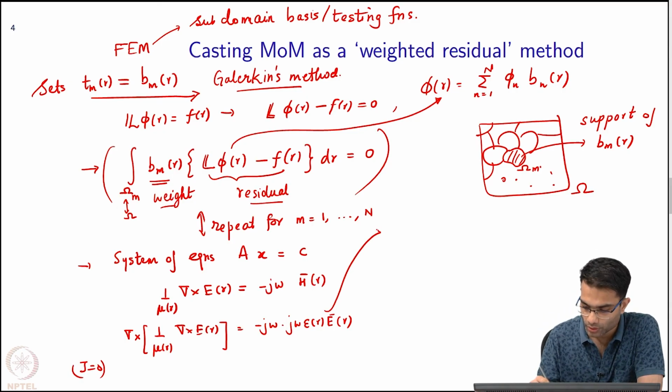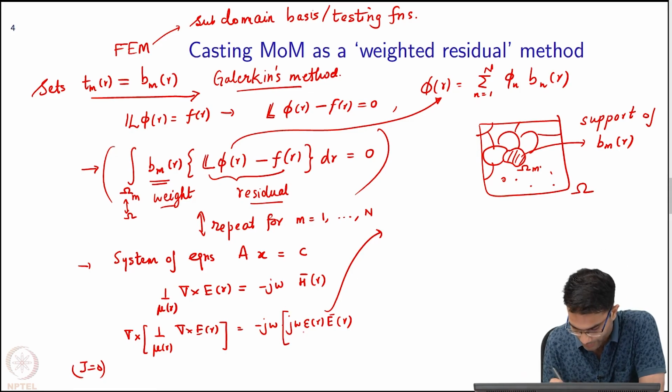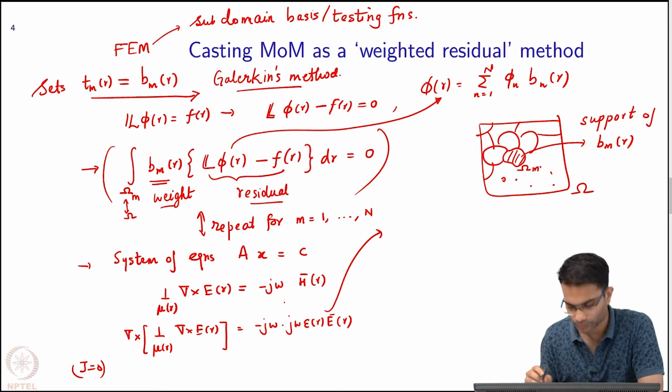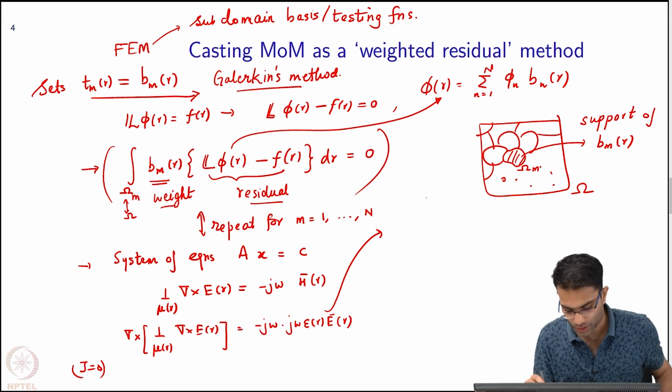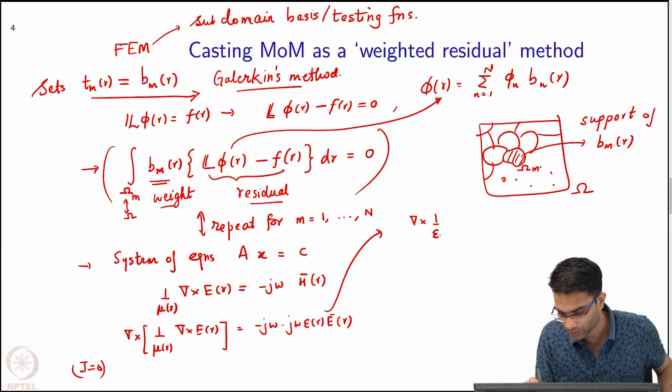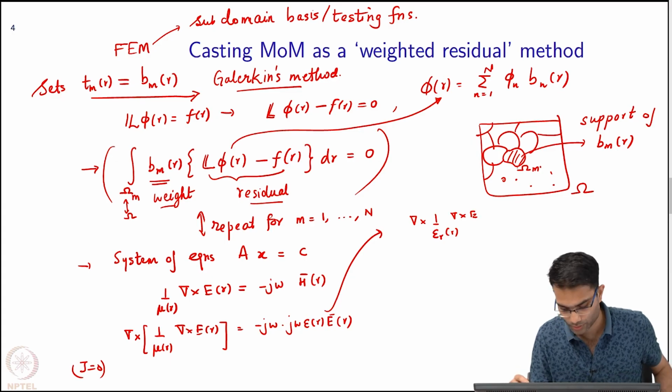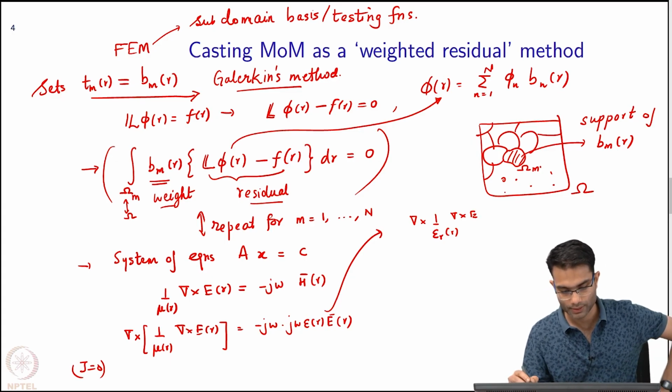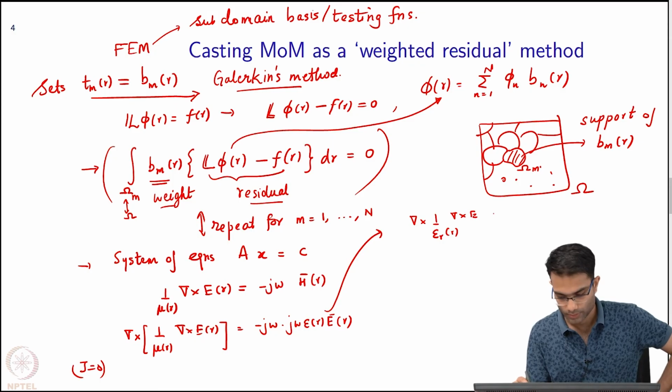So, this whole thing can be simplified as del cross 1 by mu r, I will just keep the relative permeability, del cross E is equal to, and a minus.